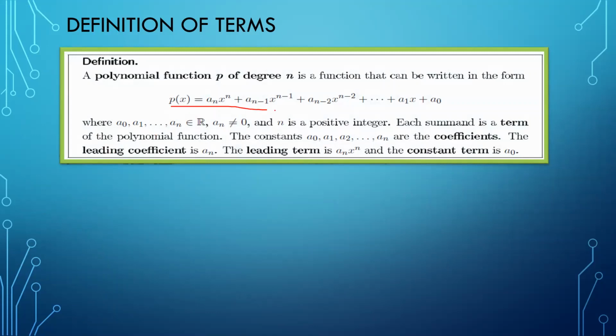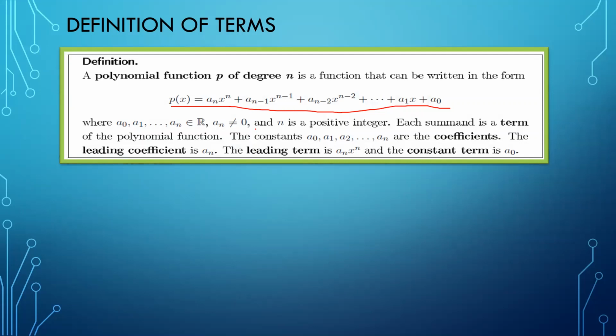So again, we can write a polynomial function p of degree n as this equation, where a sub 0, a sub 1 to a sub n are elements of the real numbers, a sub n should not be equal to 0, and n is a positive integer.